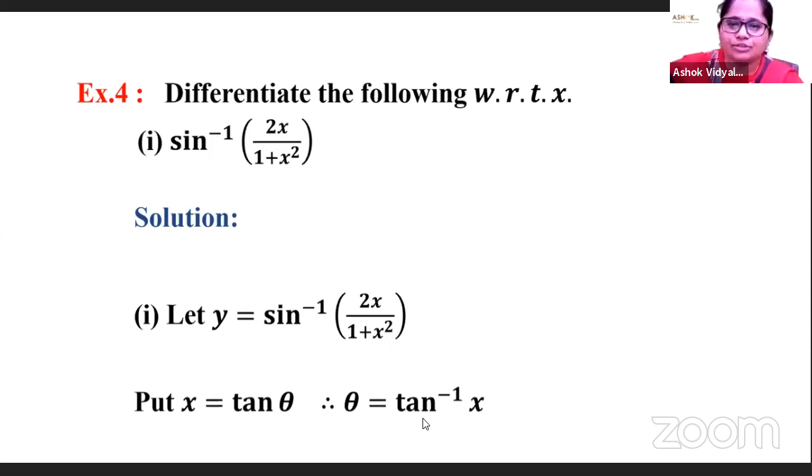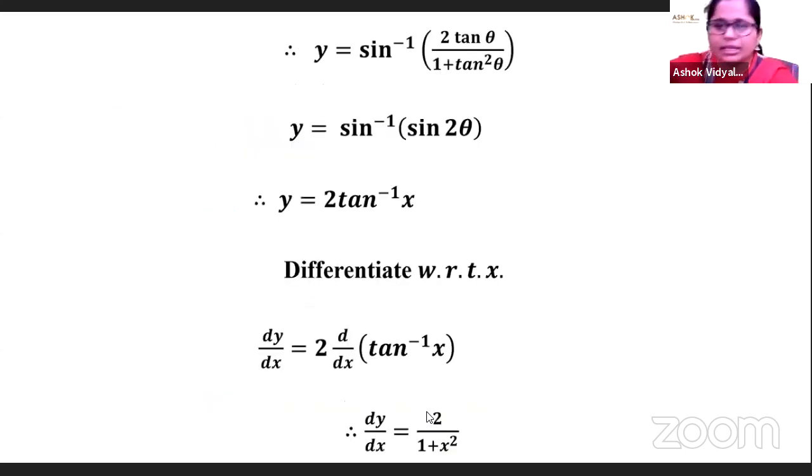Therefore, θ = tan⁻¹x, and function y is sin⁻¹(2 tan θ/(1 + tan²θ)). Therefore, y = sin⁻¹(sin 2θ), because this is the formula for sin 2θ, and this 2θ is in the principal domain of the sine function.